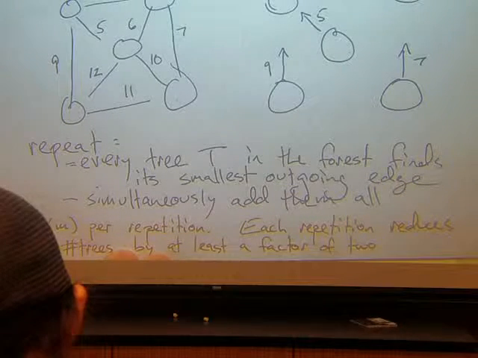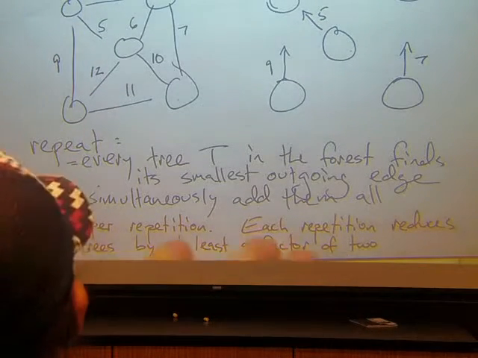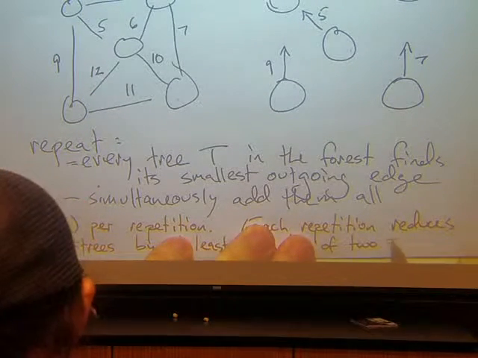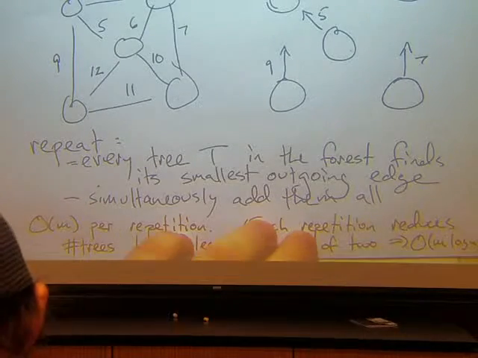Because we're reducing the number of trees by a factor of 2 in linear time, if you work through this carefully, you get O of m log n. So all three of these algorithms have the same running time.